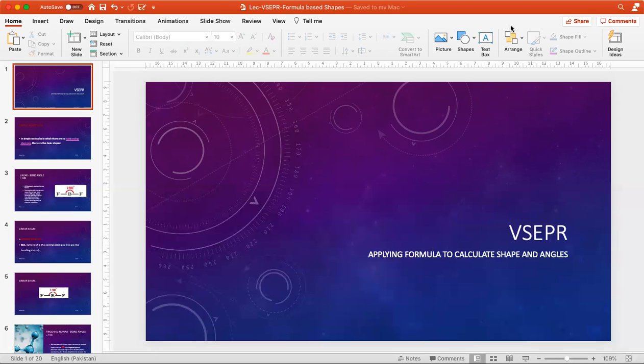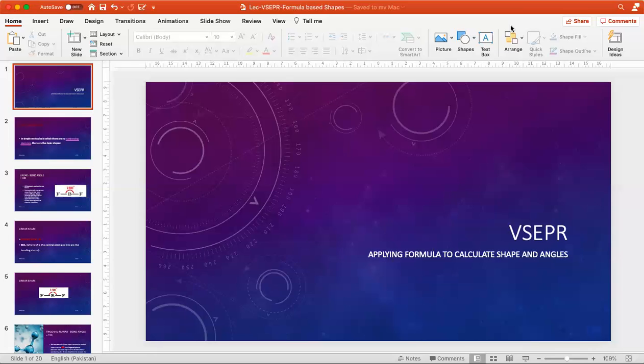Then we come to the electron pair geometry. This is the 3D arrangement of electron pairs around the central atom of a polyatomic ion or molecule. The main difference between molecular geometry and electron pair geometry is that molecular geometry does not include unpaired electrons, whereas electron pair geometry includes both bonded atoms and unpaired electrons.